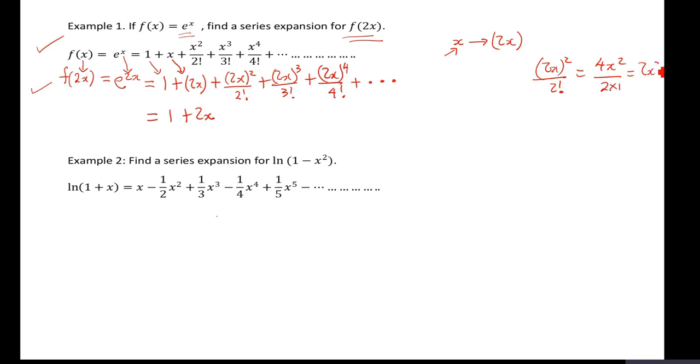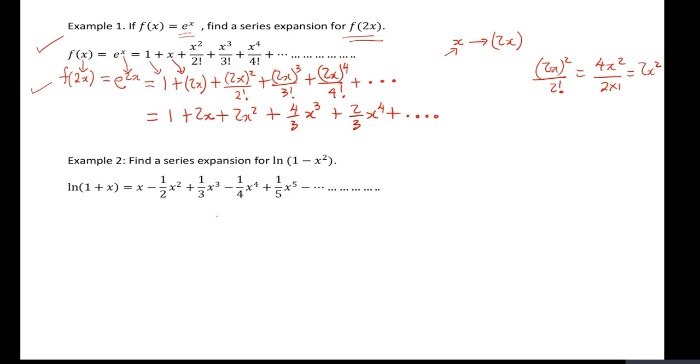Simplify that, I get 2x squared. So this term is plus 2x squared. And you can check the rest. This is 4 over 3 x cubed plus 2 over 3 x to the power 4. So that is a series expansion of f of 2x.